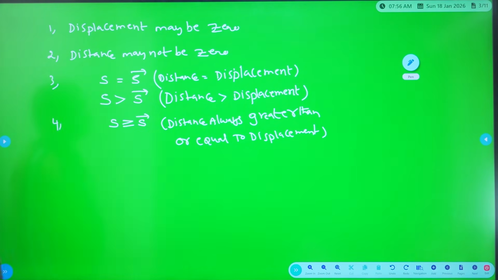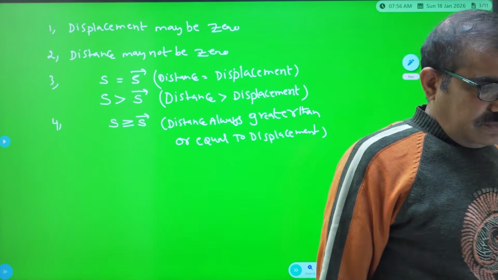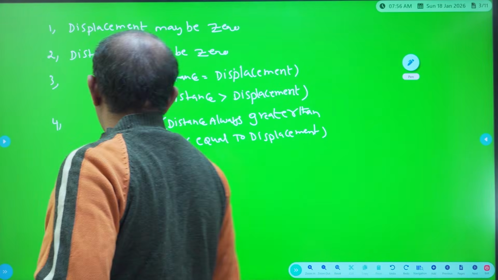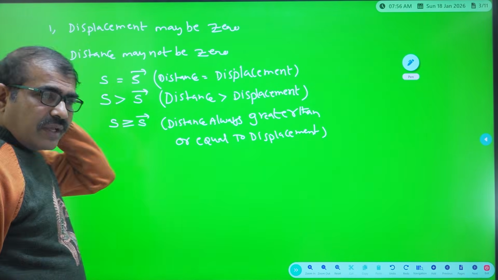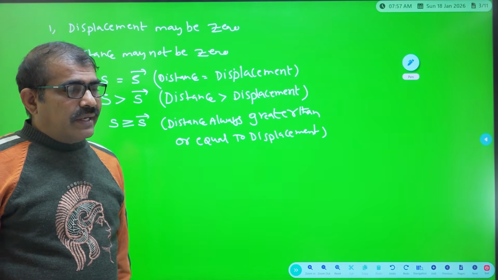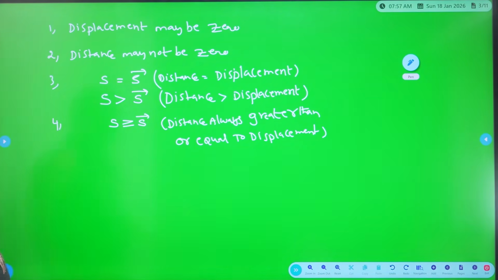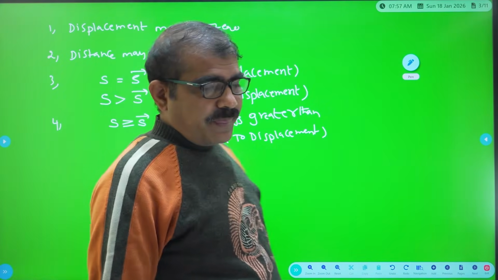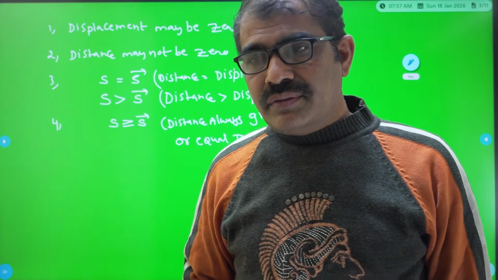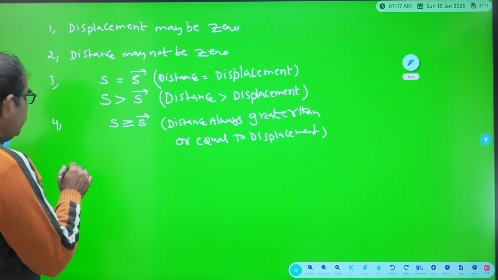So these are the concepts about distance and displacement. Both have the same units. Displacement is a vector quantity, distance is a scalar quantity. Again, I am giving some examples and problems related to basic questions.